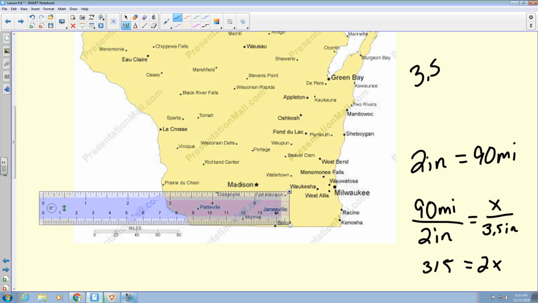Dividing everything by 2, x would equal 157.5 miles, give or take. That's how you can determine what the actual size is, not just for a map, but for any kind of drawings or scale models.